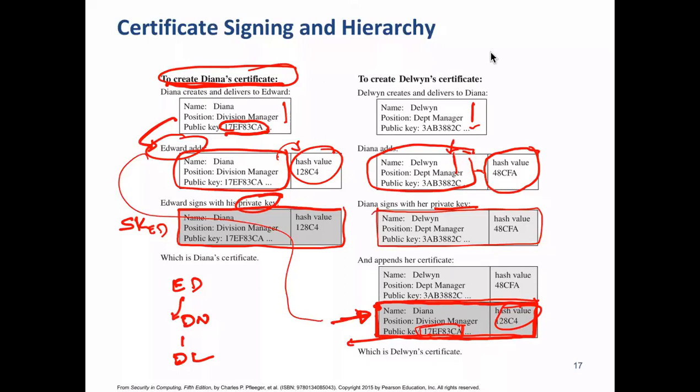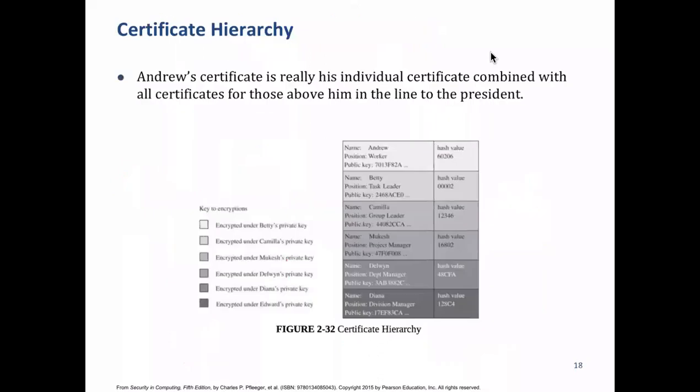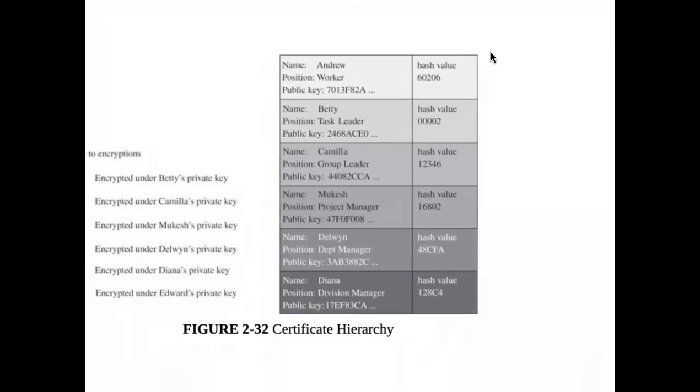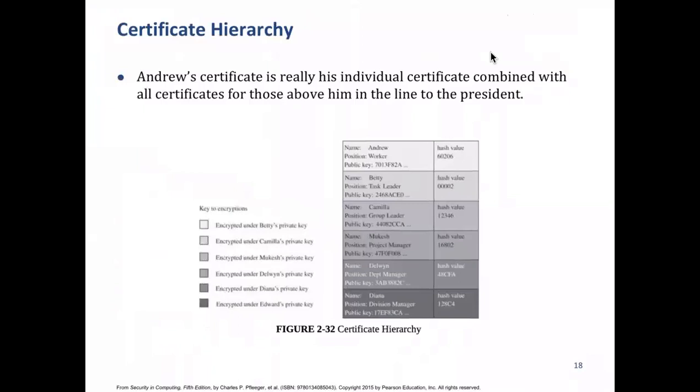Okay, so let's look at the example. So here is a certificate hierarchy, right? This is the way we create it. Anybody below Dinah can create a hierarchy like this. Dinah has got her certificate from Edward, and then Delvin has got a certificate from Dinah.